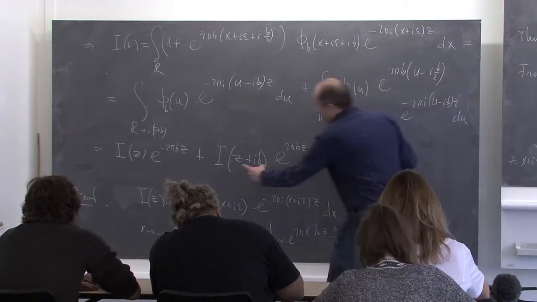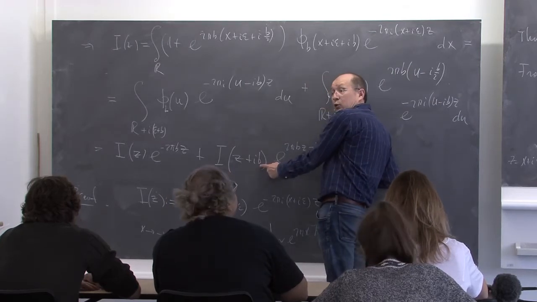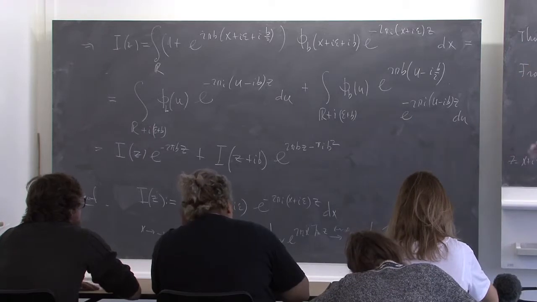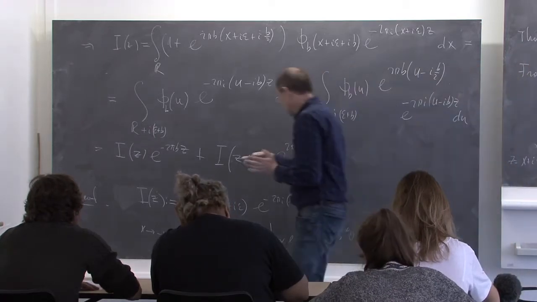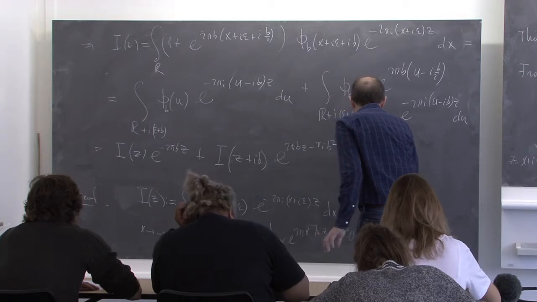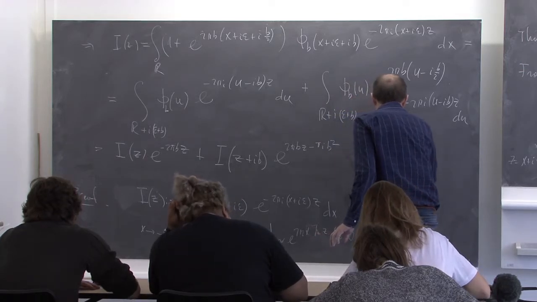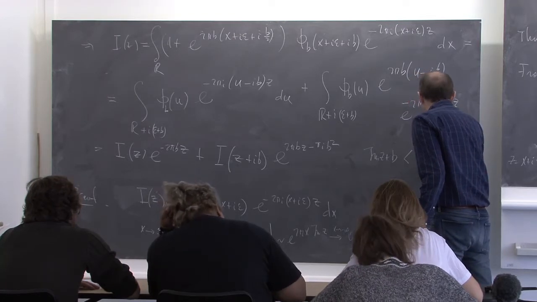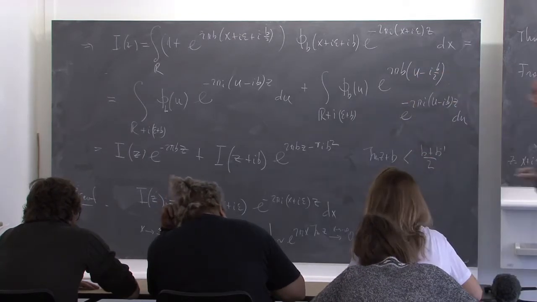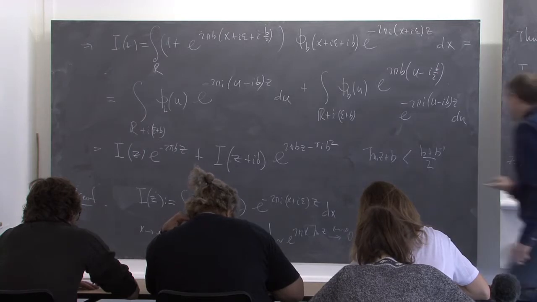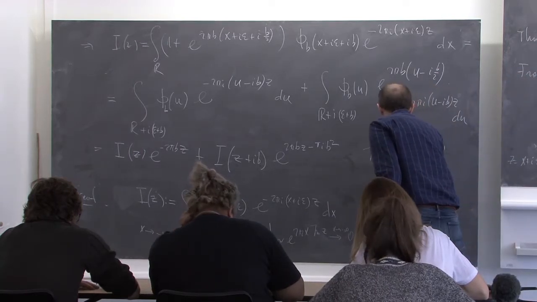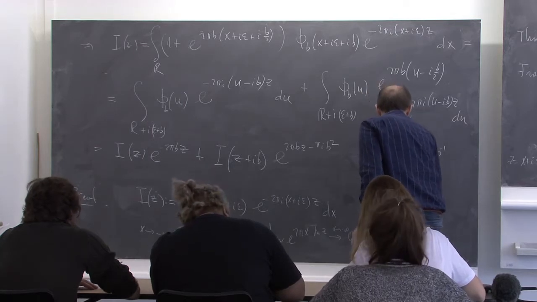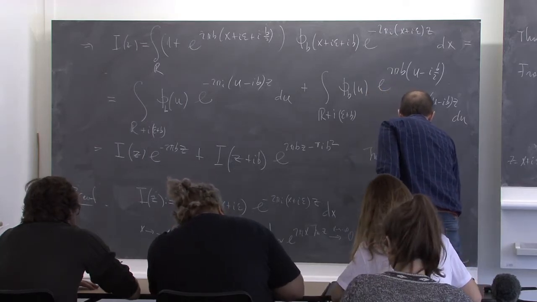And now you see that we have shifted z by the quantity ib, and that we have to make sure that we stay in the domain of analyticity, which means that the imaginary part of z plus b should be less than b plus b inverse over 2. Which is equivalent to the imaginary part of z should be less than b inverse minus b half.